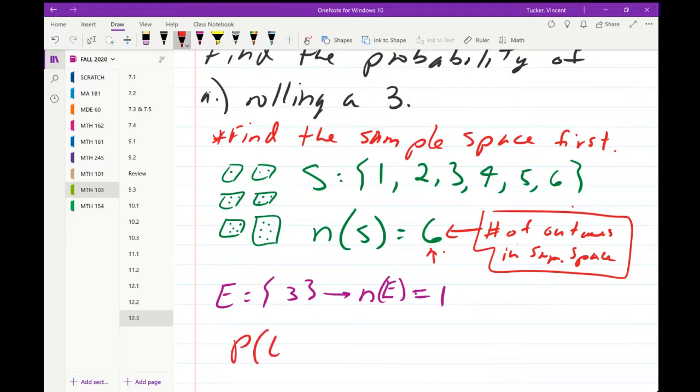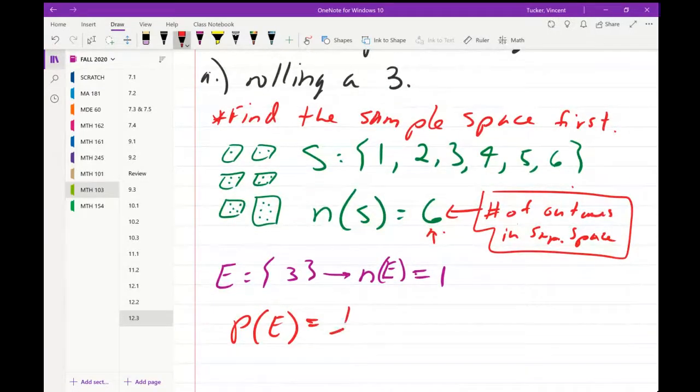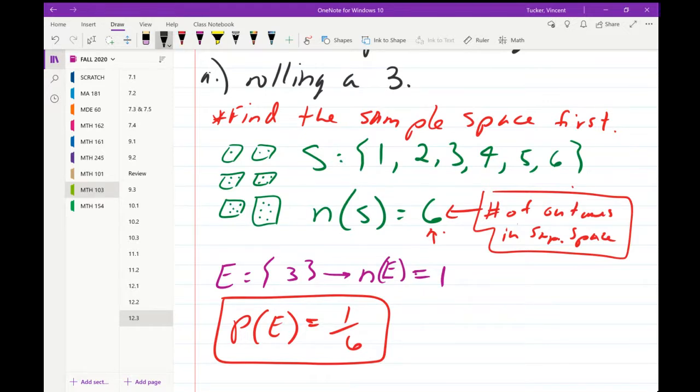So the probability of rolling a 3 is just 1 out of 6. Questions? Any questions?